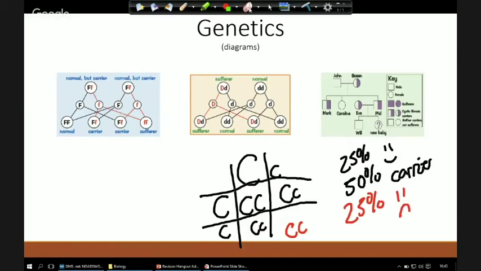But it's our 3-to-1 ratio. Technically speaking, we've got these three, this 75%, absolutely fine. They are carriers, but phenotypically, they're not suffering at all. Whilst we've got 25% here, but are suffering.